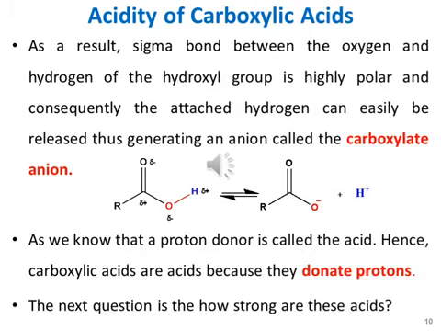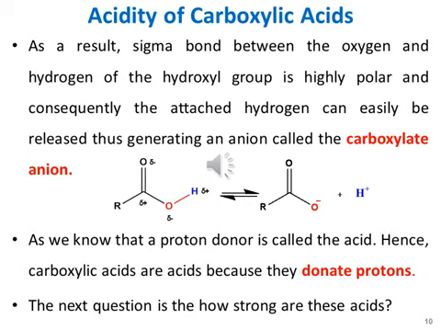As a result, the sigma bond between the oxygen and the hydrogen of the hydroxyl group is highly polar, and consequently the attached hydrogen can easily be released, thus generating an anion called the carboxylate anion. Here I have shown you an equilibrium between the carboxylic acid and its resulting anion, the carboxylate anion.